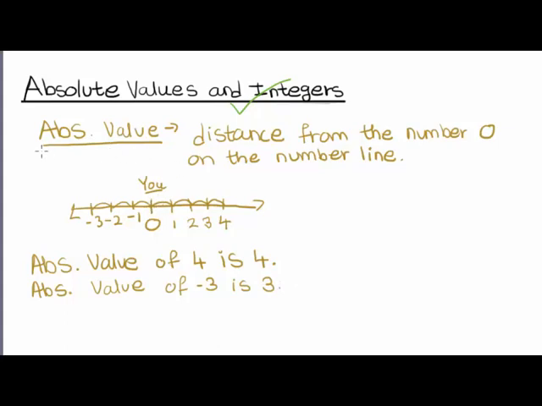Okay, and basically that makes sense. If the absolute value is defined as a distance from the number 0 on the number line, I am moving 3 units or 3 steps to my left. It doesn't really matter if I move to my left or the right, I did end up moving 3 steps. So basically, the absolute value of negative 3 is 3. But by now, you should be wondering, well, is there any easier way of writing this down?